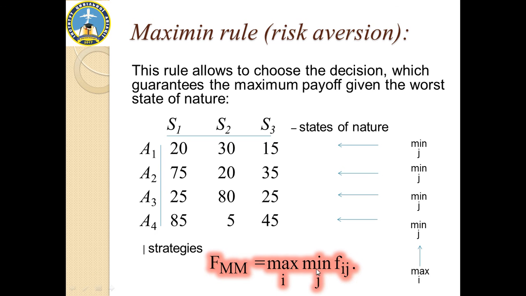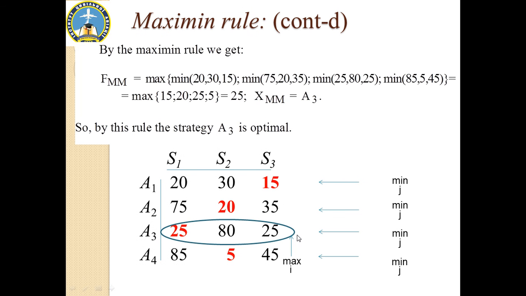We find these minima and maximize it. So obviously this is our solution. The strategy A sub 3 is optimal according to this rule. But there are other rules. Not necessarily is this the only rule to make a decision.